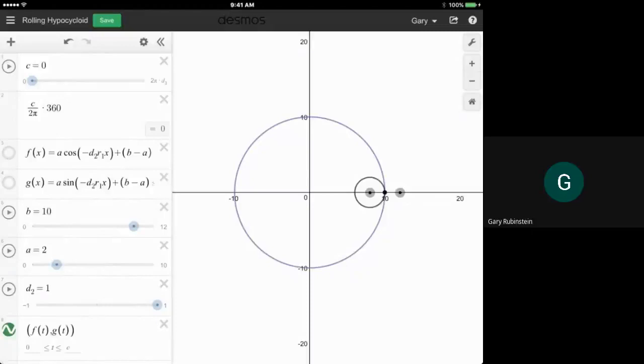If you go from the center of the big circle through the center of the small circle and then continue till you hit the tangent point, that would be where that point ends up. I will fix that up and show you that for next class, but that's the basic idea.